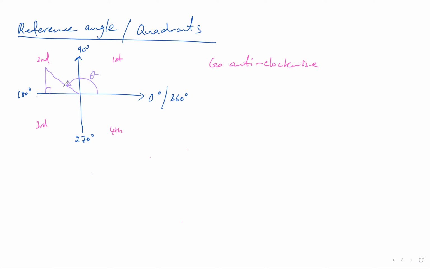This is your theta. This is your alpha. And the alpha is your reference angle. Okay, can? This is for second quadrant. If you go to third quadrant, you draw the triangle here.